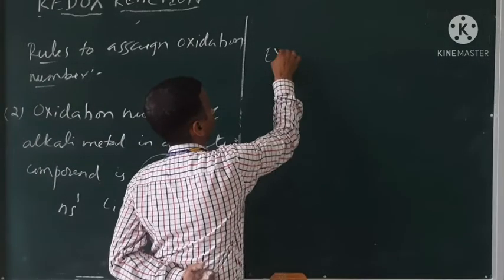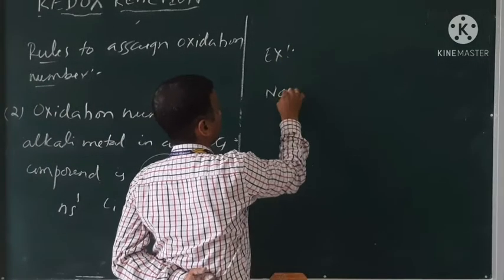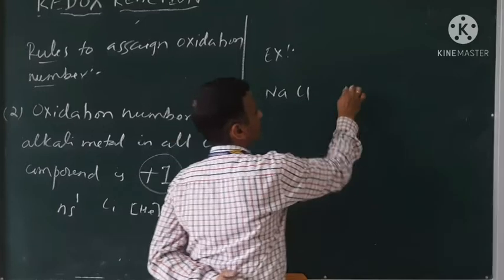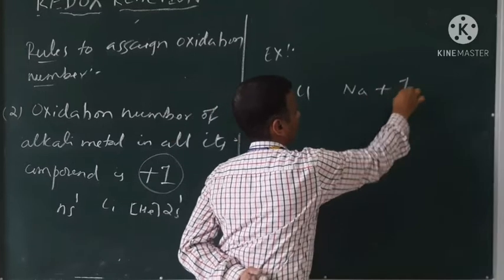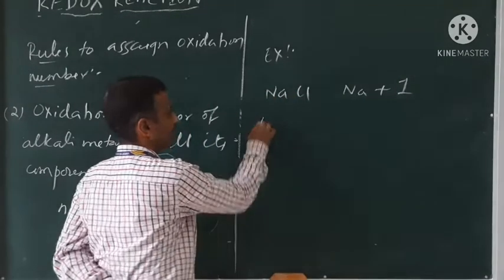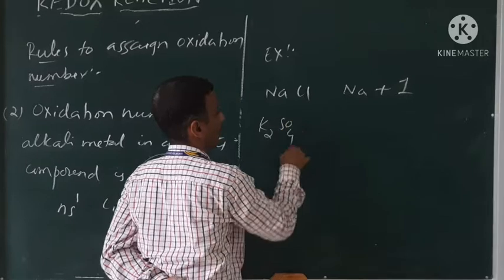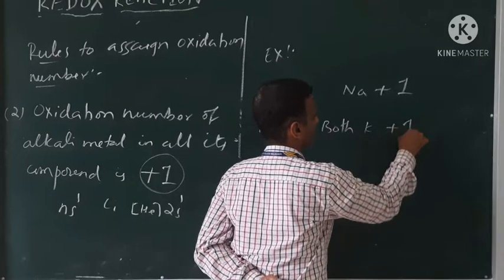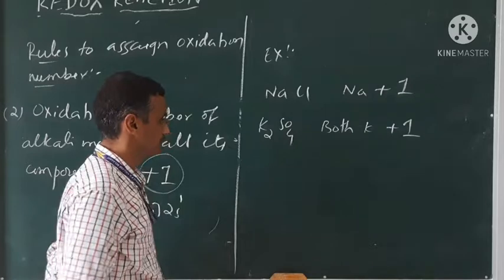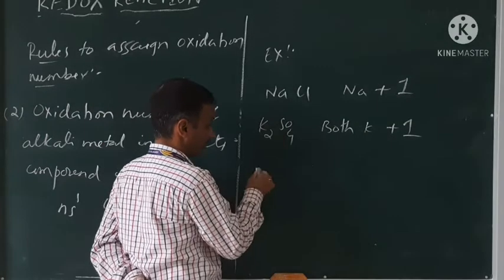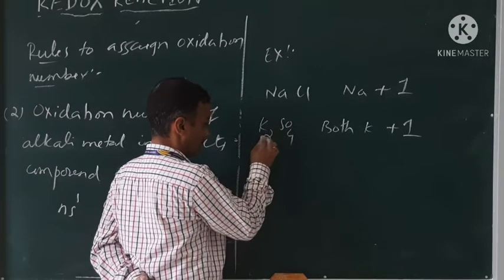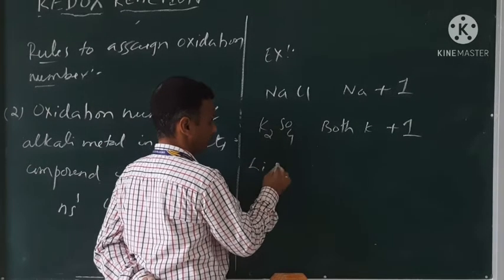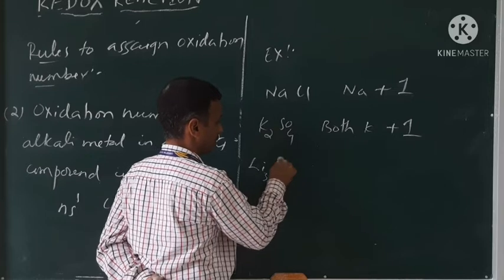Example. NaCl. Sodium is in the +1 state only. K2SO4. Both potassium atoms are in the +1 state only. What is next? Lithium phosphate.